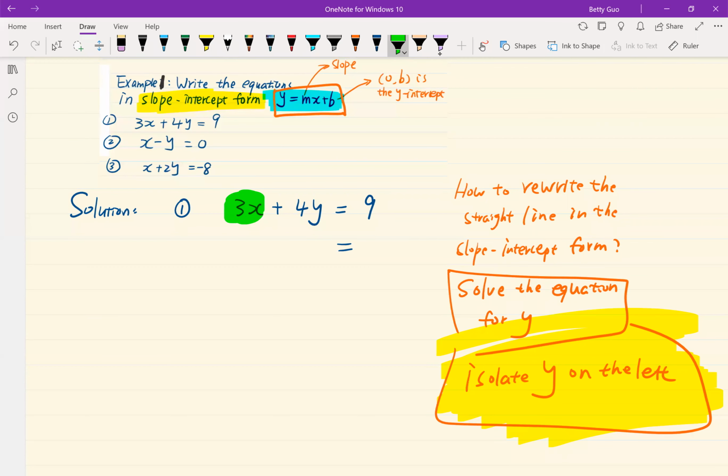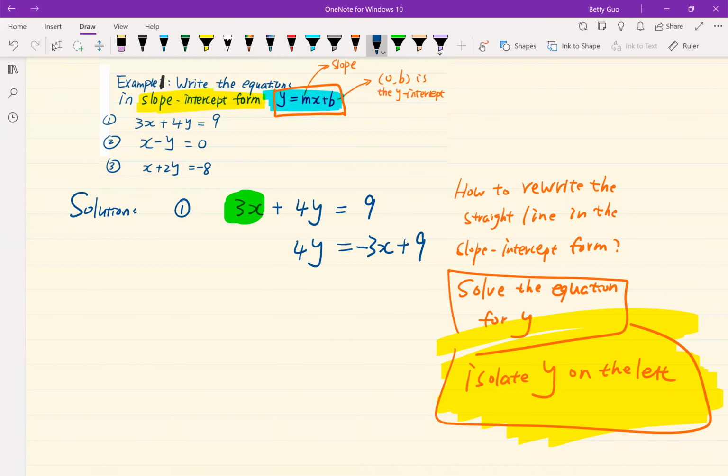Remember my transposition of terms. Could we move 3x over to the right? You move it and change the sign. Negative or positive? Negative. 3x is a positive, right? After you move it to the right, you get a negative 3x. You bring down a 9. You bring down a 4y.